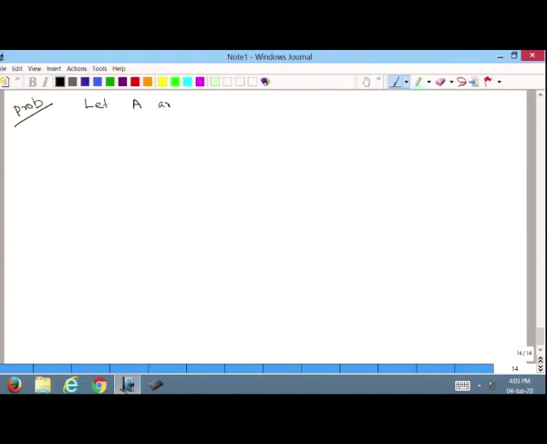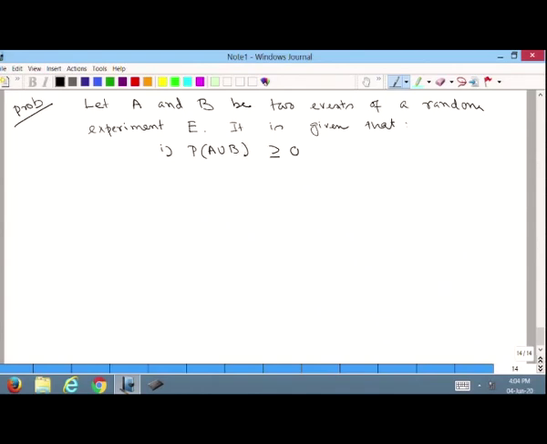Let A and B be two events of a random experiment E. It is given that one, probability of A union B is greater than or equal to 0.5, and two, probability of A intersection B is less than or equal to 0.375 and greater than or equal to 0.125.